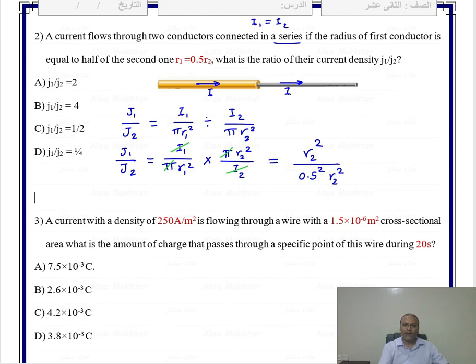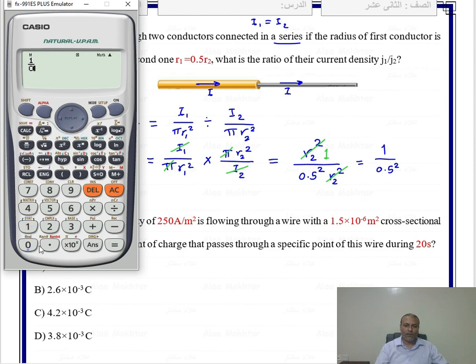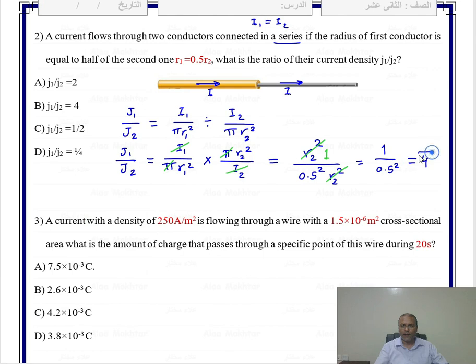Now we can cancel R2 squared with R2 squared. There is 1 here, and the answer is 1 over 0.5 squared. Using your calculator, the answer is 4. The ratio equals 4.